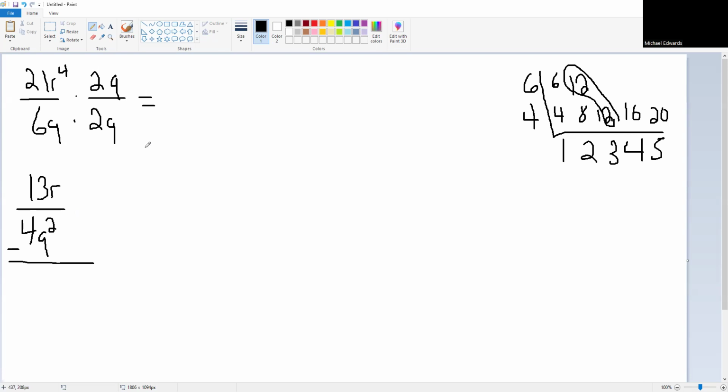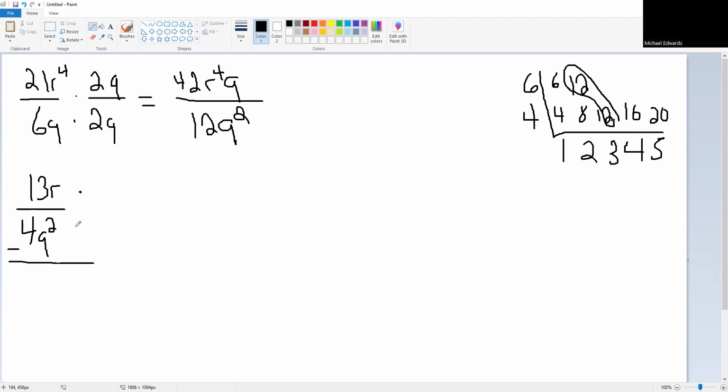And that will give us 21r^4 times 2q, which is 42r^4 q. And this is our least common denominator, 12q squared, because it's q times q.